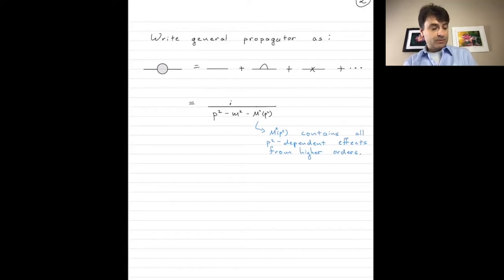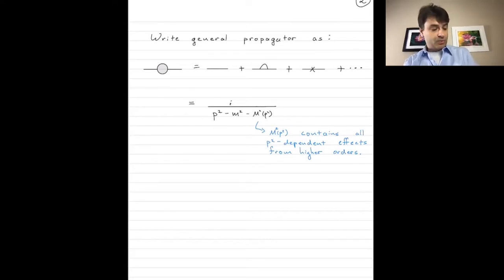We've got the 0th order, and then we can start adding loops, and we still have, say, the external propagators here. You could just write down the Feynman diagram expression for this. And we also have to account for the counter terms that the renormalization program tells us we have to include. And then of course you can have higher and higher orders.